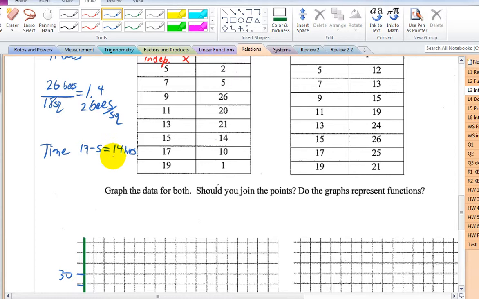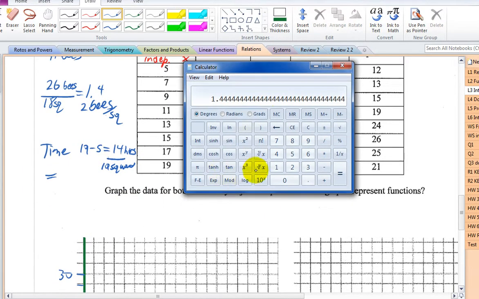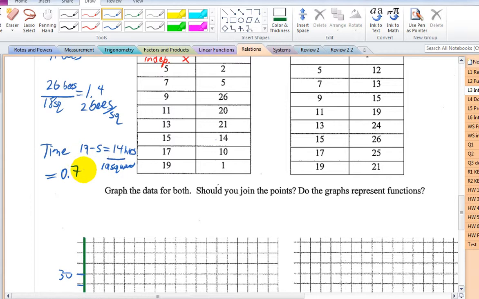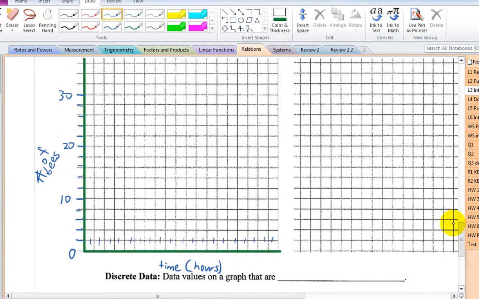So for time, we have 19 squares. So 14 divided by 19 equals how much? We don't even really need to do this. 0.736. So we should say that we have 1 hour per square. Okay? So if we have 1 hour per square, we should have enough.